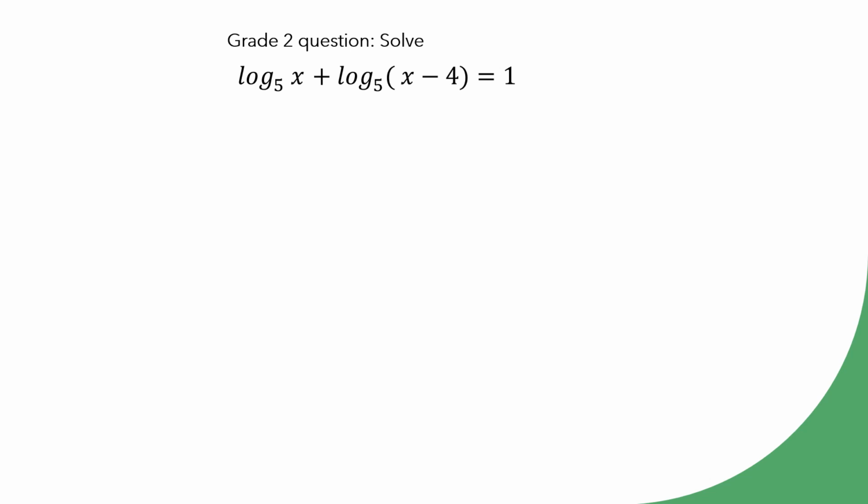I think before you solve any logarithmic equations, it's good that you write down the 4 laws. The first one will be your product law. Second one will be your quotient law.